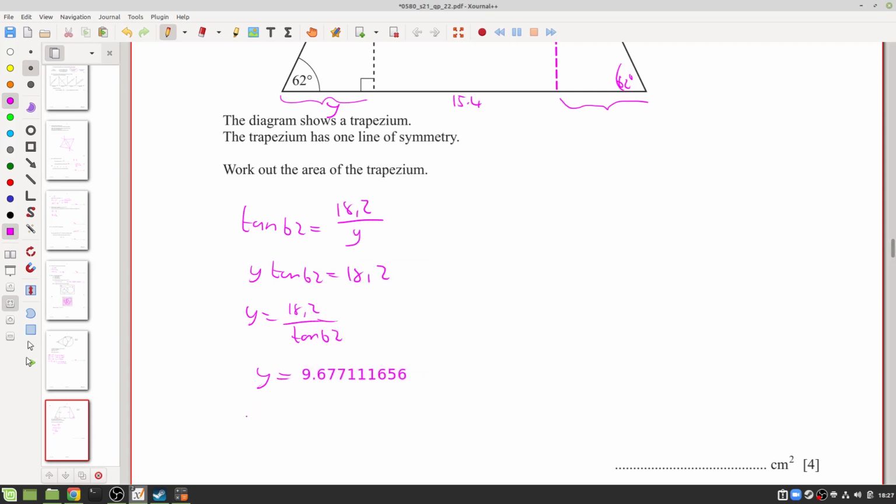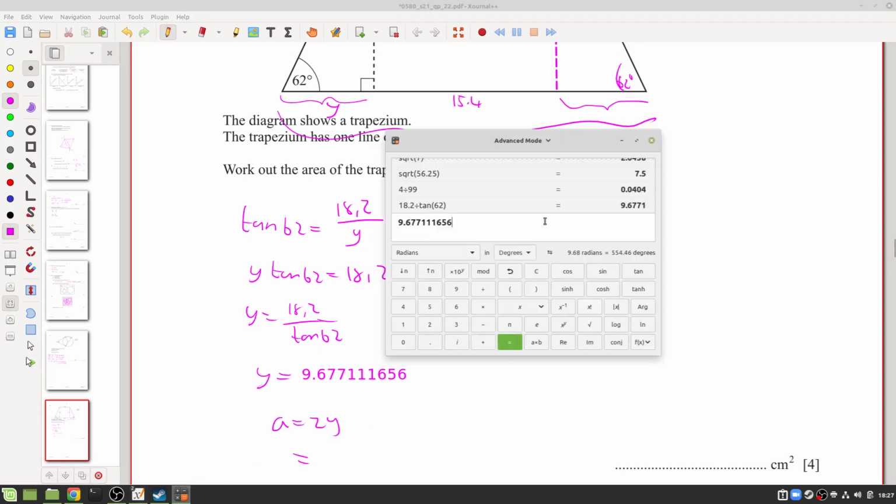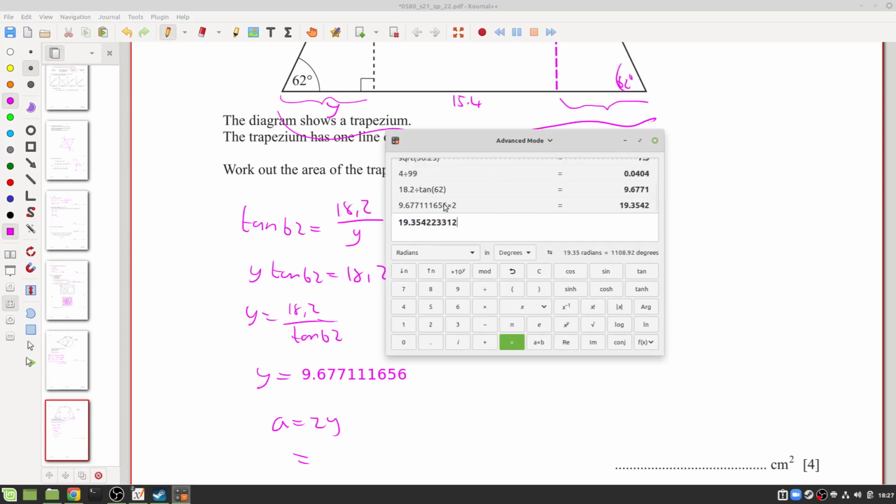So then the whole bottom base, let's call that a. So a equals 2y, which equals, take this and times it by 2.